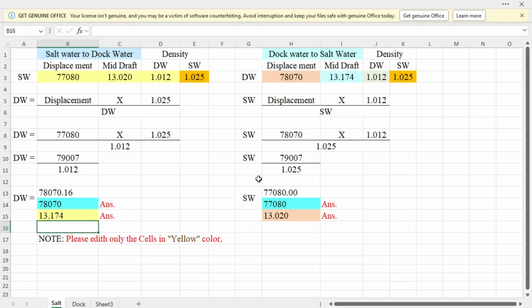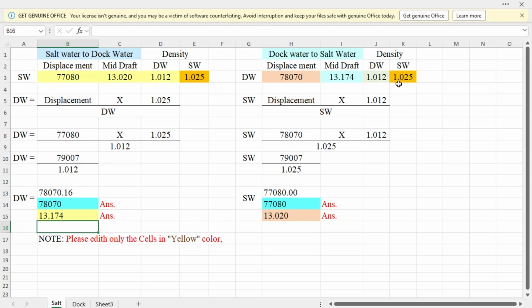And this one is the reverse, dock water to salt water. So you have this displacement of dock water, which is 78070, and the corresponding draft will be 13.174, and the dock water density is 1.012.